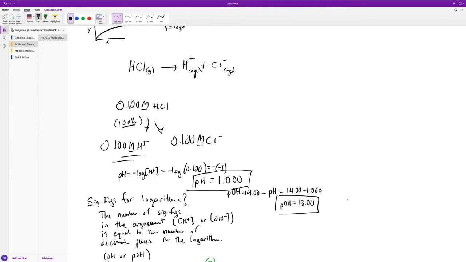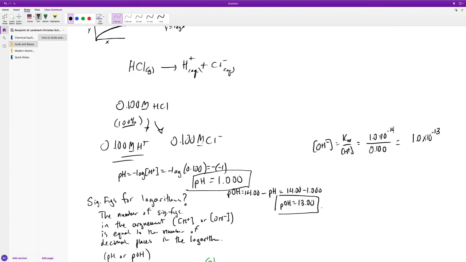Okay, so KW, so that's going to be pretty simple, 1.0 times 10 to the negative 14th over 0.1. Okay. And so dividing by 1/10 is the same as multiplying by 10. And so we get 1.0 times 10 to the negative 13th.